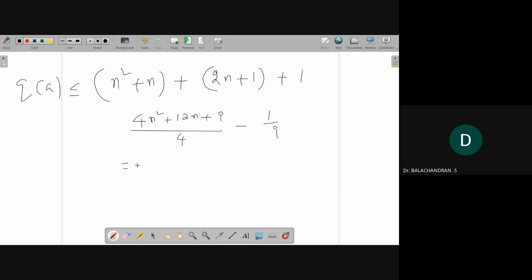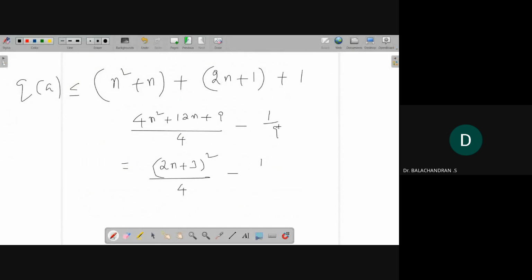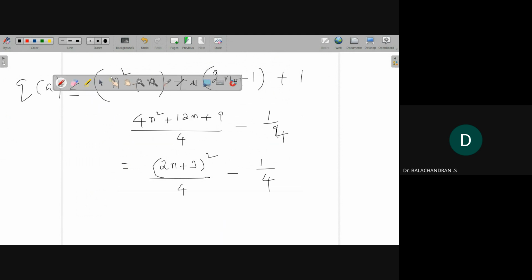But this is equal to, first you should write, this is 2n plus 3 whole square by 4 minus 1 by 4. But they are writing this is equal to the greatest integer not exceeding 2n plus 3 whole square by 4.